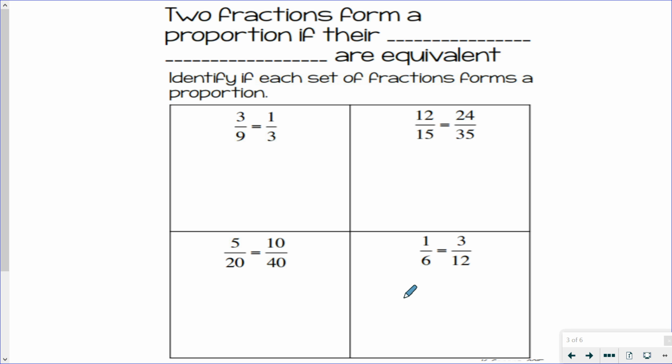Now, when you're dealing with two fractions that form a proportion, then what must always be true is that their cross products are equivalent. Another word for equivalent is equal. They're the same. So we want to identify if each of the set of fractions in the 4 boxes form a proportion.